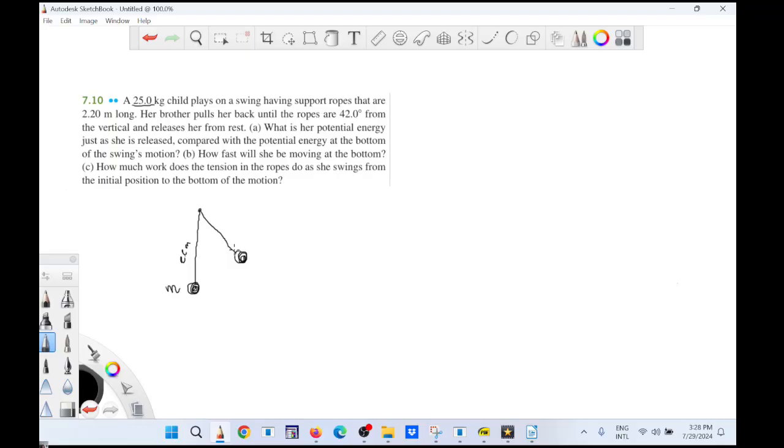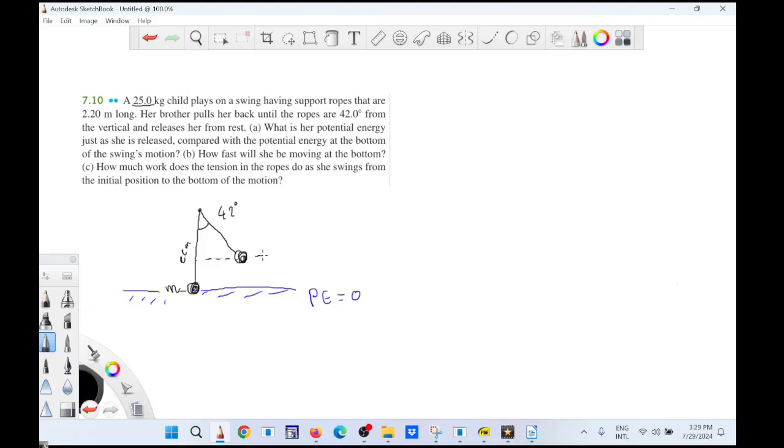So here 2.2, but she's at this level here. And then that will be the ground. And you can say potential energy here equals 0. And that will be the angle here. It's given, 42 degrees.